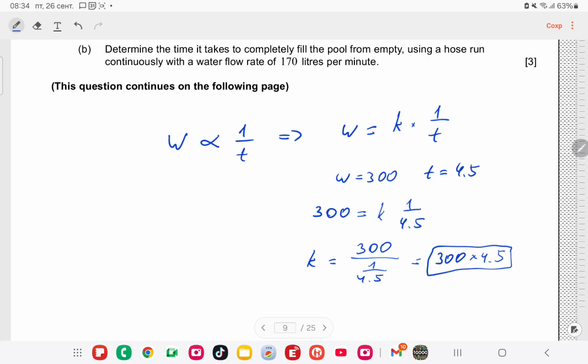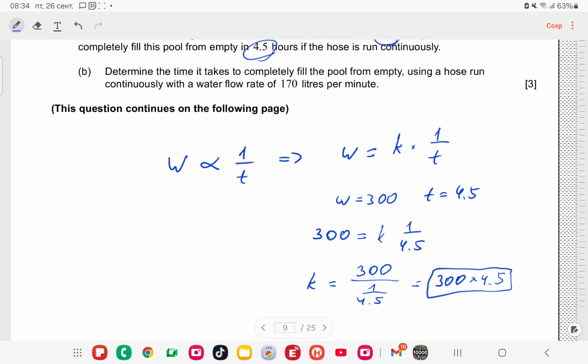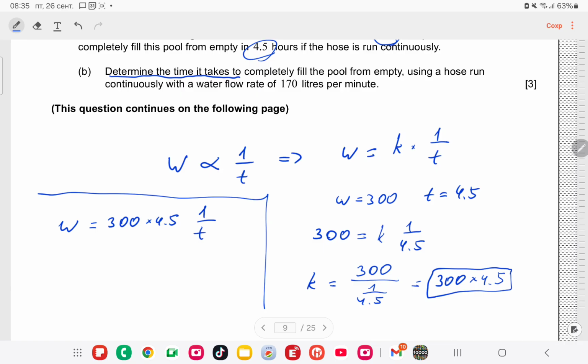Let's leave this value as it is, and now we should find T. It says to determine the time it takes to completely fill the pool. So W is equal to K, 300 multiplied by 4.5, multiplied by 1 over T, and the water flow rate is 170.